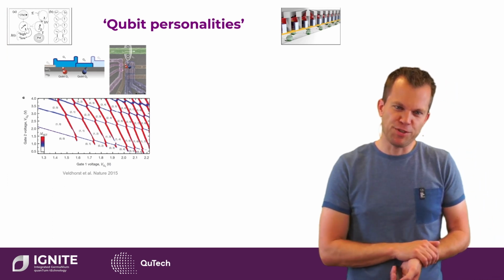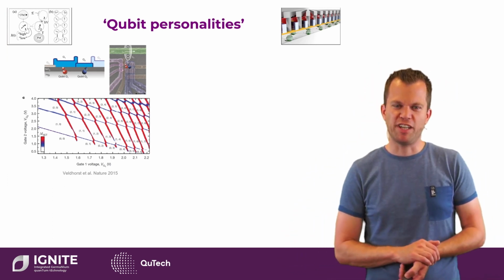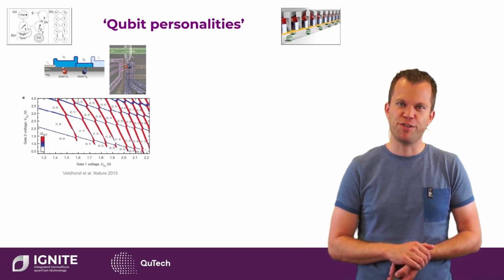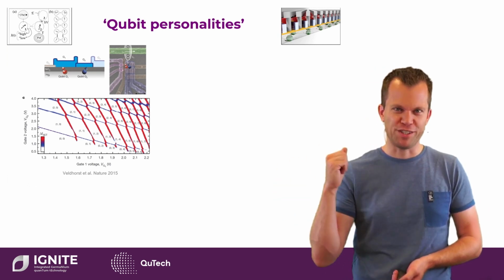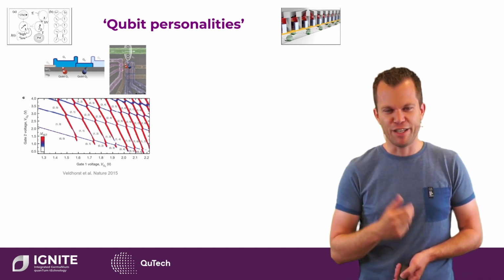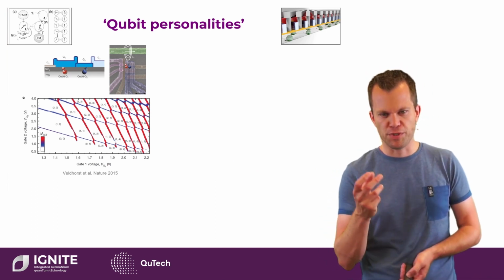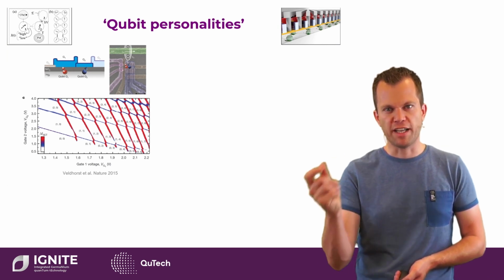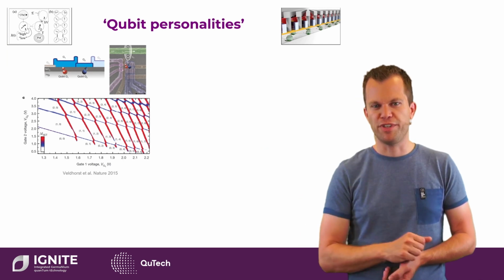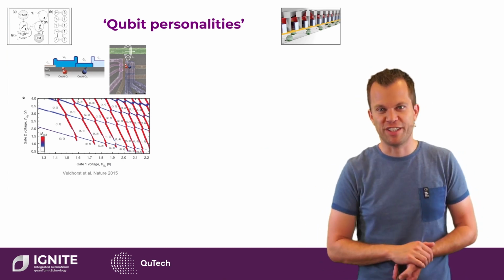Let's compare to a stability diagram that I actually measured myself in Australia a few years back. I was super excited by this. This was the first time that we controlled 2 quantum dots, 2 qubits. If I look back at it, you see the position where I have 1 electron in each of the quantum dots, and the gate voltage required to get to that point is quite different for each and every gate.